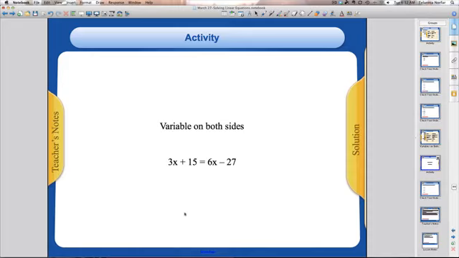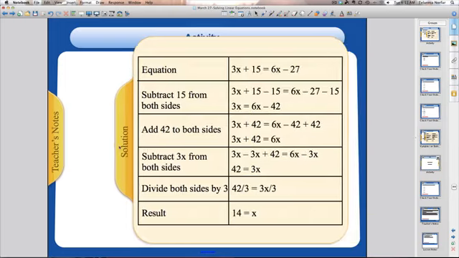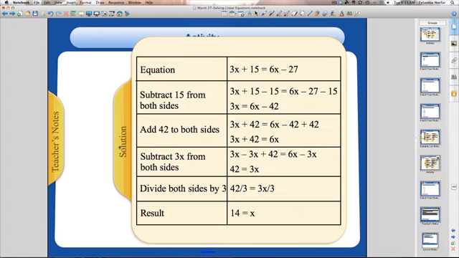Again, go ahead and write on the actual notebook file or on your paper if you don't have Smart Notebook open, and then unpause the video when you're done. Great job if you got 14 as a result. Again, we were subtracting plus adding, and then subtracting 3x from both sides, and then dividing both sides by 3.